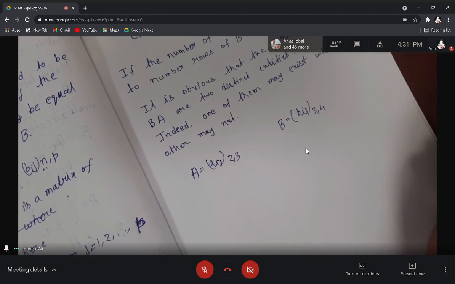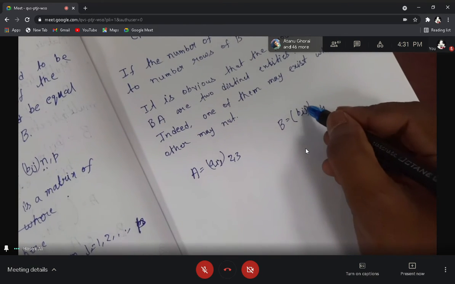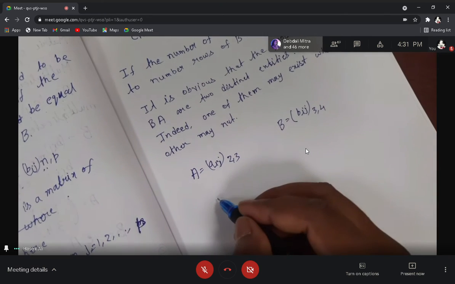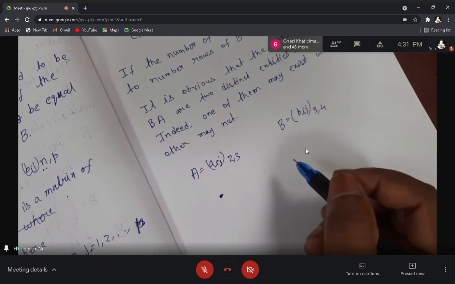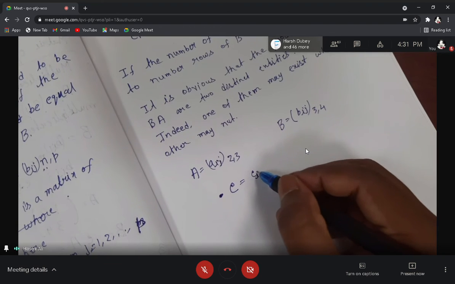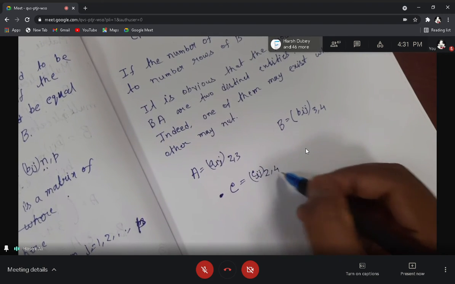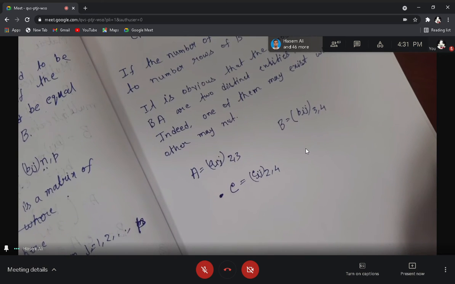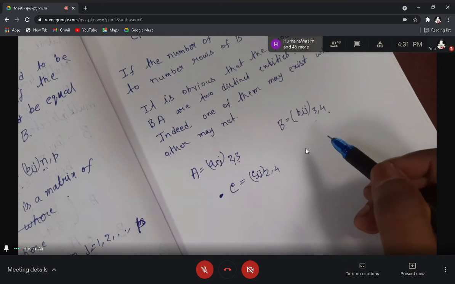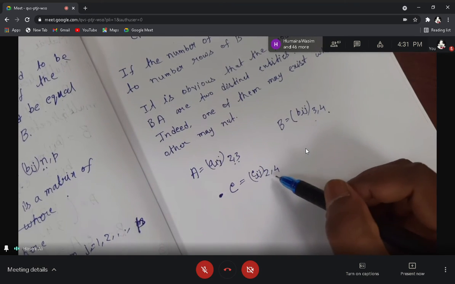Is the product matrix AB defined? Yes, C equals Cij, and its order will be 2 by 4. So the order of the product matrix C is 2 by 4.